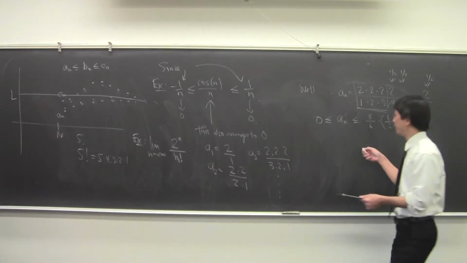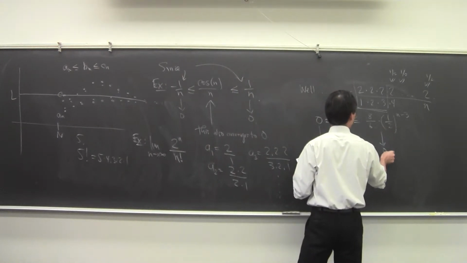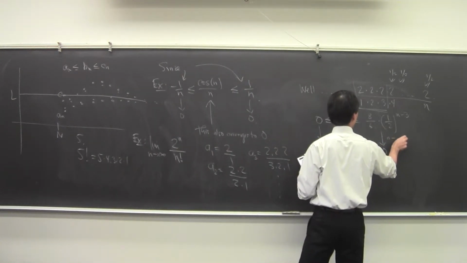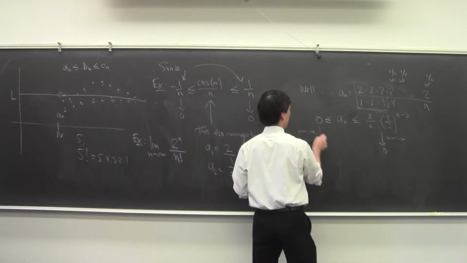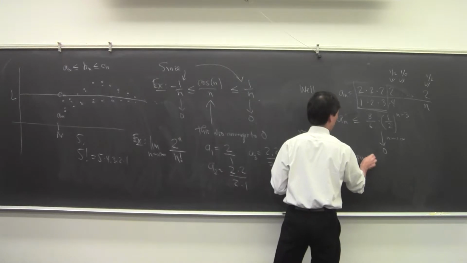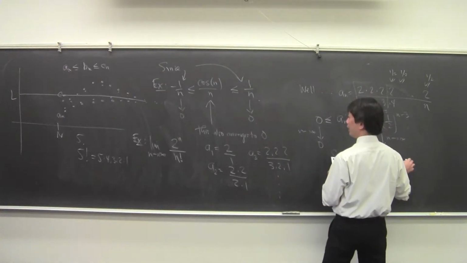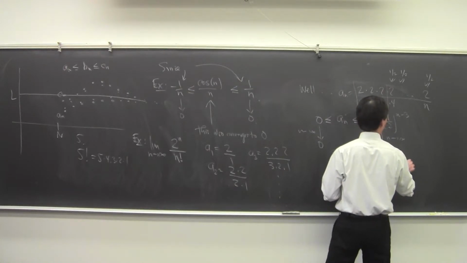Okay. So then by the squeeze theorem, you say, well, this goes to 0. This thing also goes to 0 as n goes to infinity. So by the squeeze theorem, we know that a sub n also goes to 0.